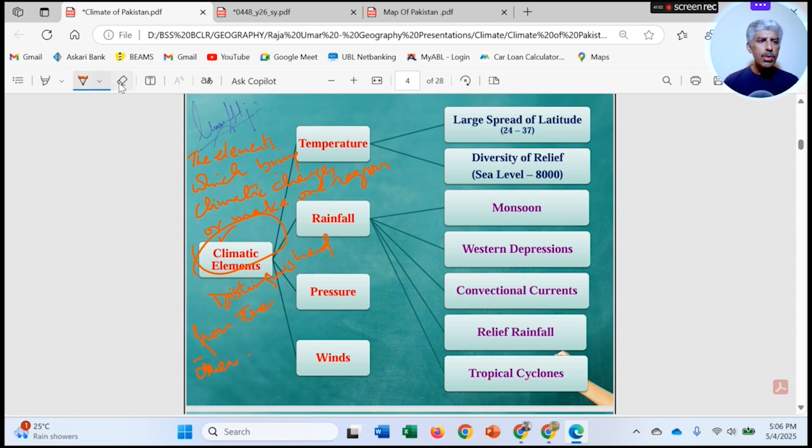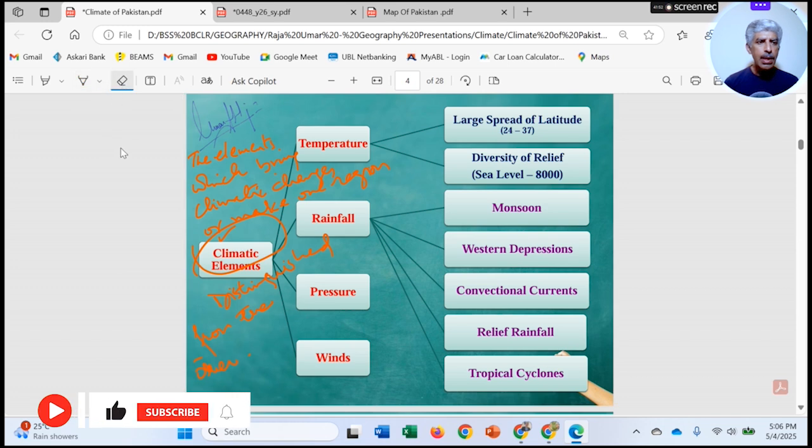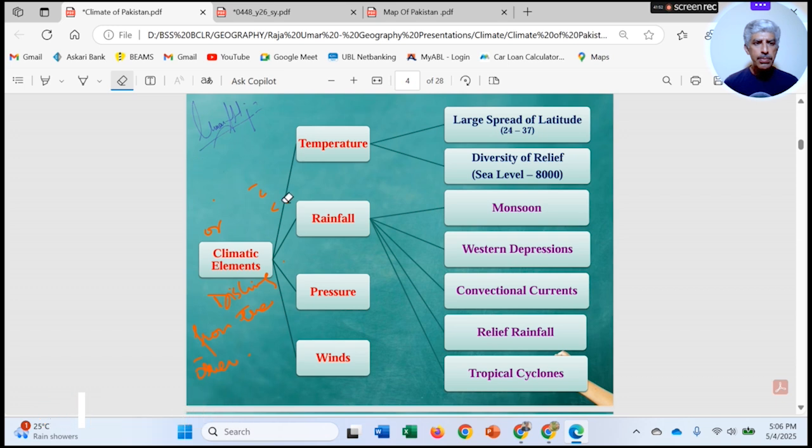So here these elements are 4 and they are mentioned over here: temperature, rainfall, pressure, and winds.